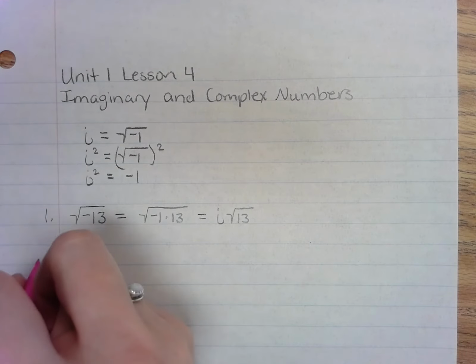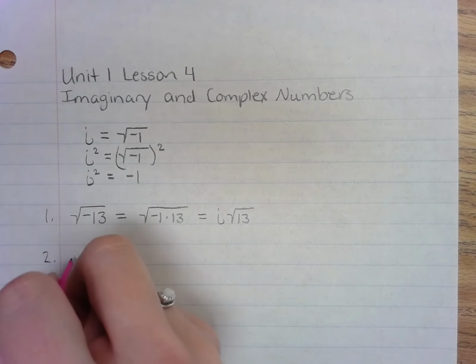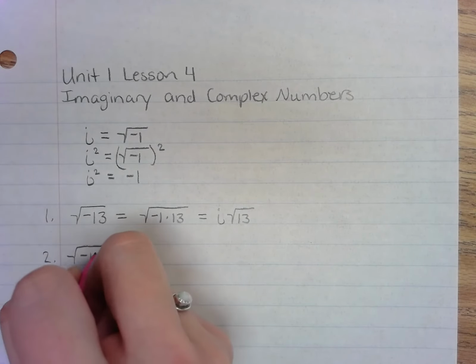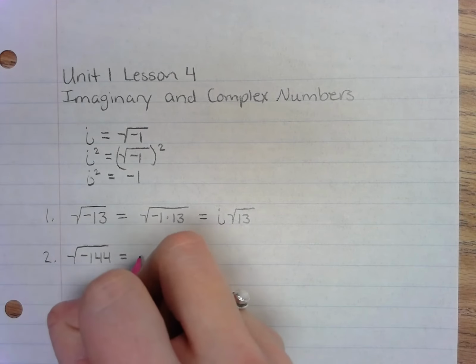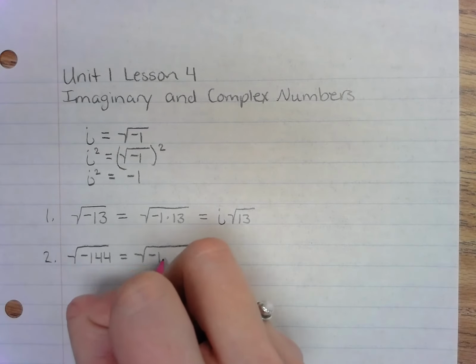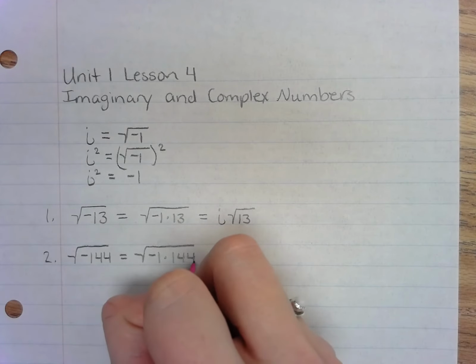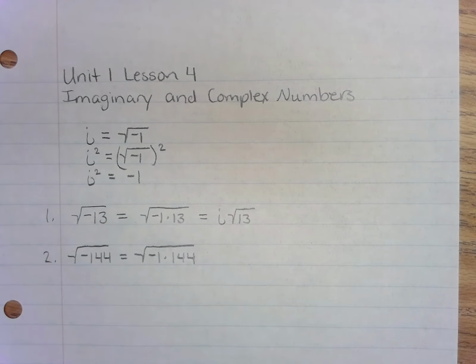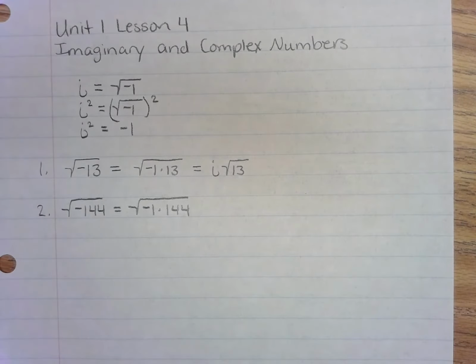Let's look at our next example, number 2. The square root of -144. So again, we can rewrite this as -1 times 144. You should know that 144 is a perfect square, or you can do your prime factorization.